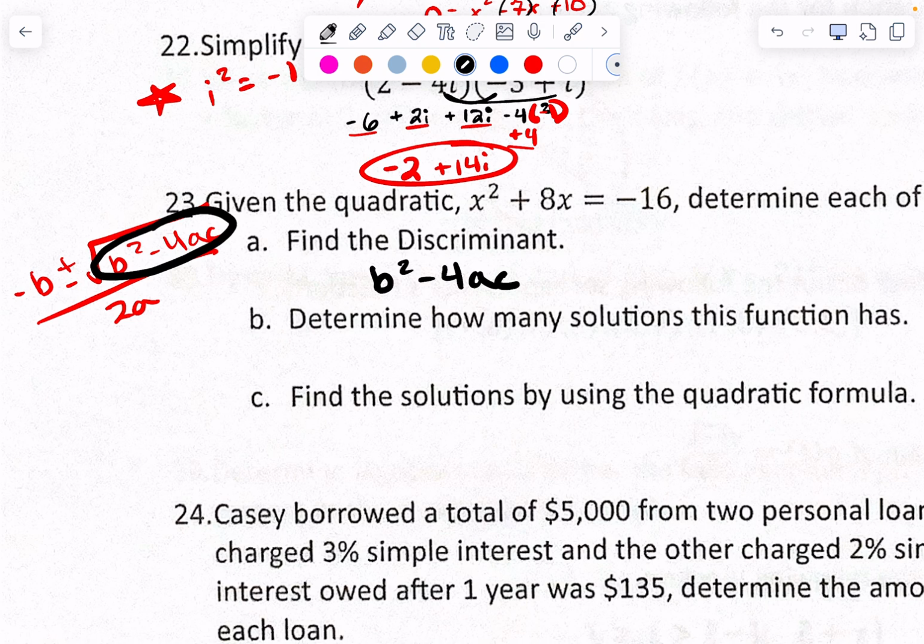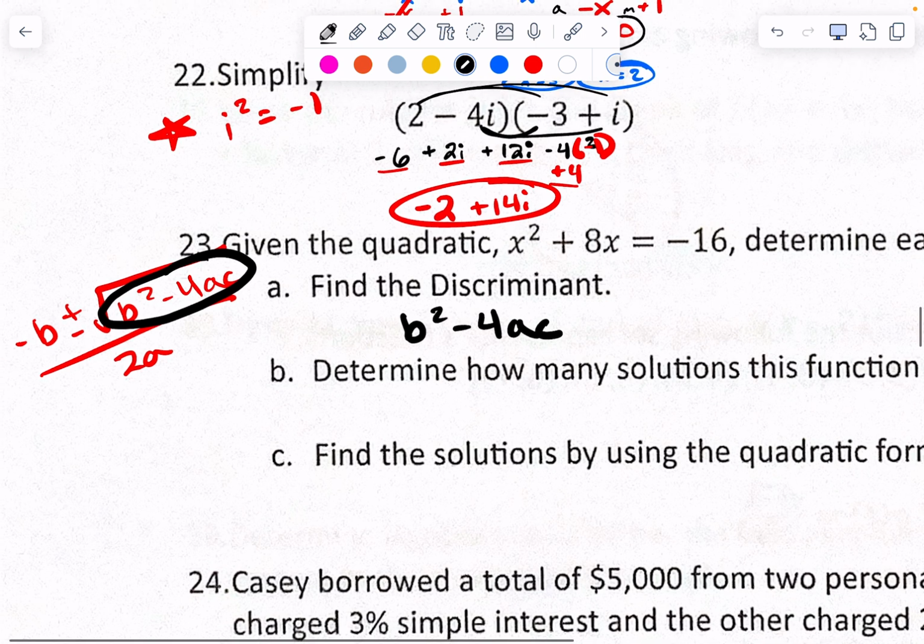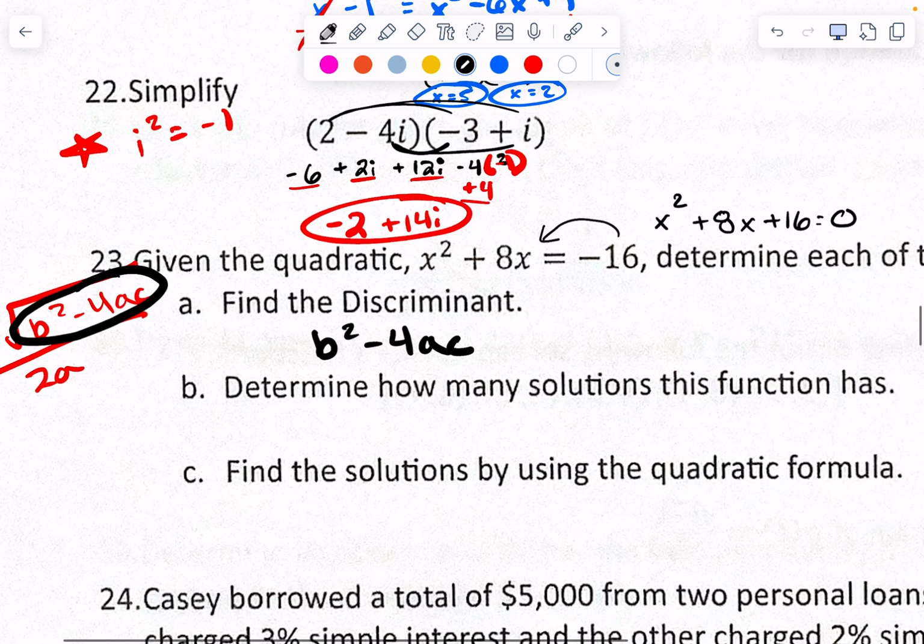All right. So if I'm looking at this problem, first and foremost, I have to find your a, b, and c, but I've got to bump the 16 over. So that is x squared plus 8x plus 16 equals 0. So a is 1, b is 8, c is 16.